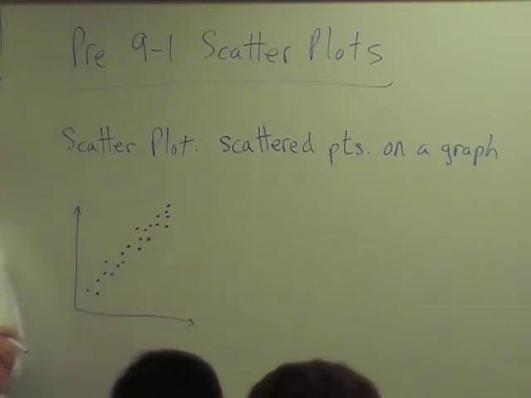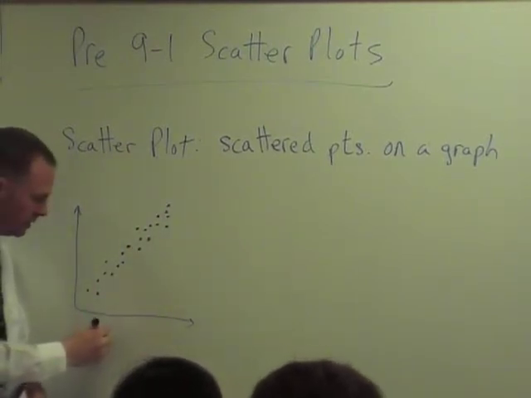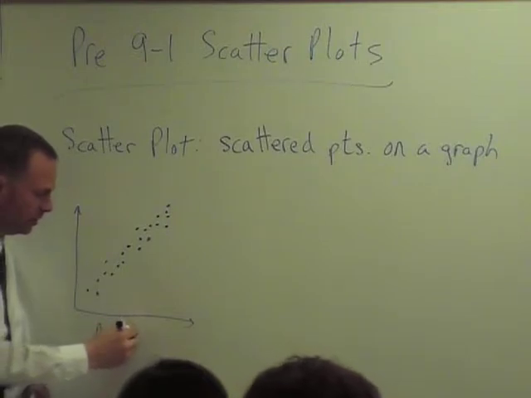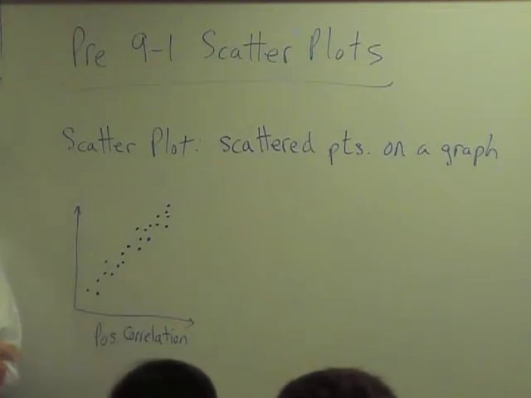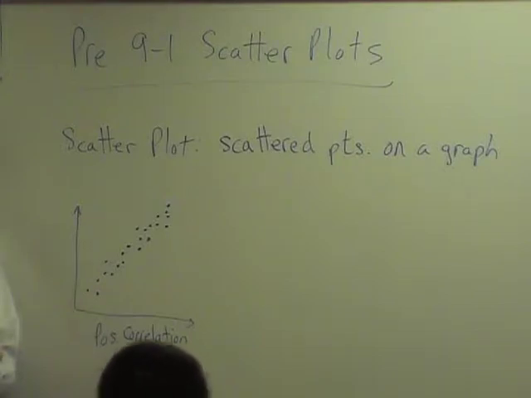Okay, so this is what we call a positive correlation because it goes up to the right. Okay? Yeah, because the slope of a line that goes up to the right is positive.